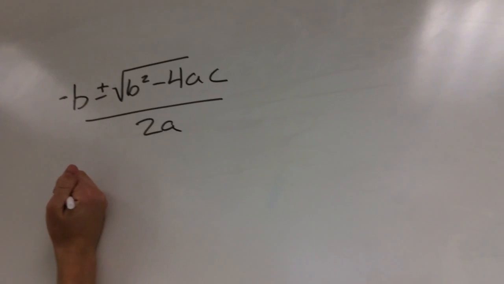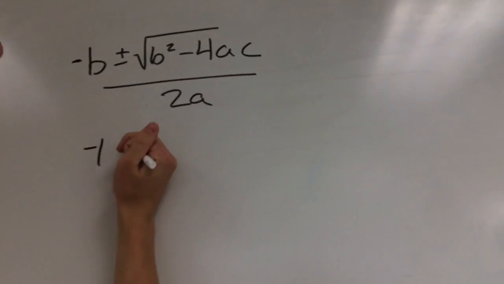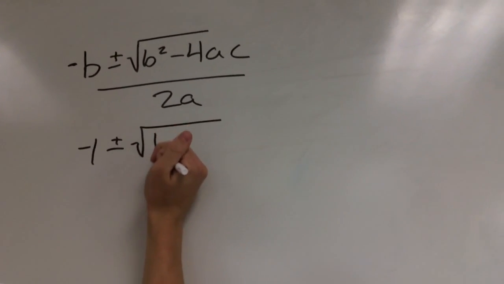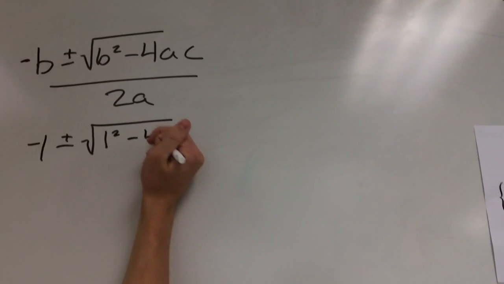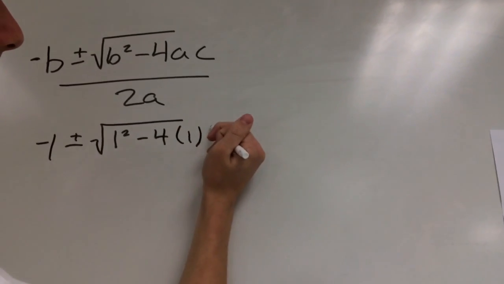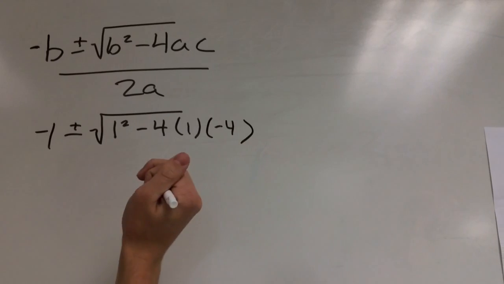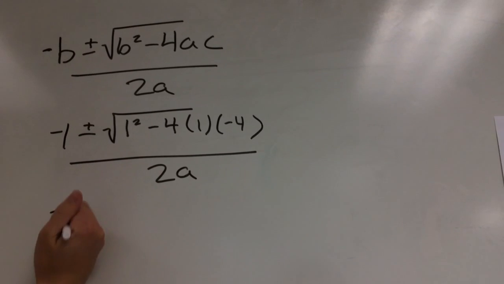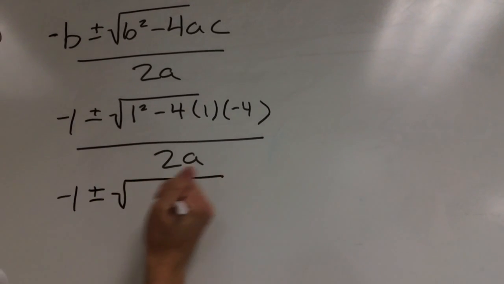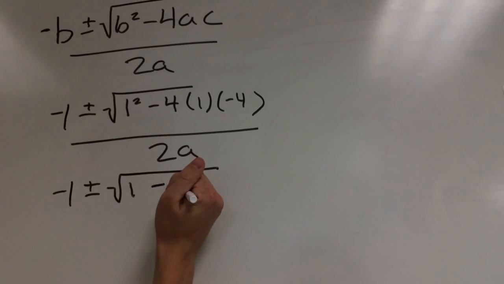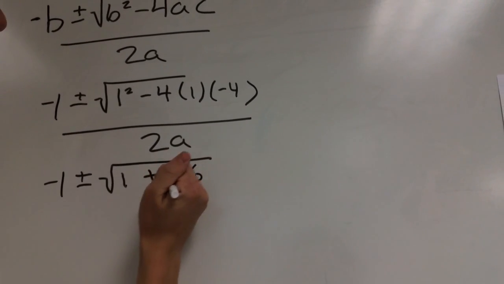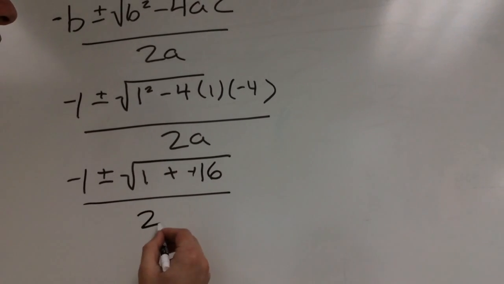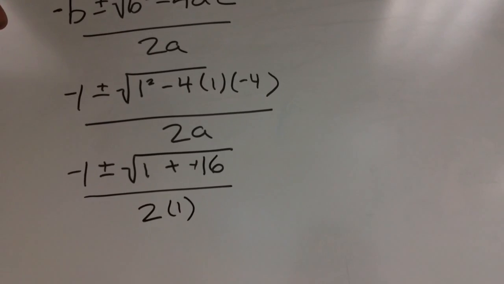So the b value is, for this one, -1 plus or minus radical 1 squared, which is 1, minus 4 times 1 times -4 over 2a. You're going to start to simplify. This is 1 minus -16, which is really plus 16, over 2 times 1, which is divided by 2.